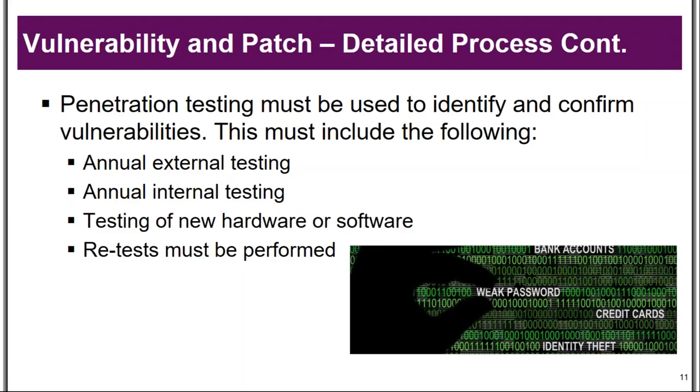Now, you may employ penetration testers within your organization, but sometimes they're so used to looking at the environment that they may miss something. Not to take anything away from your penetration testers, but the third parties that do this for a living have looked at many, many different organizations.